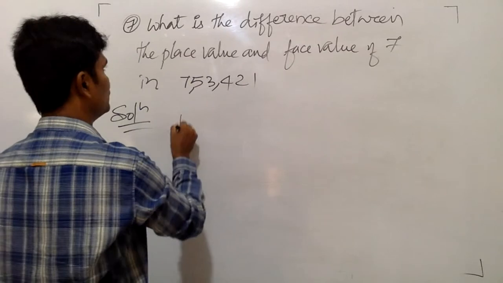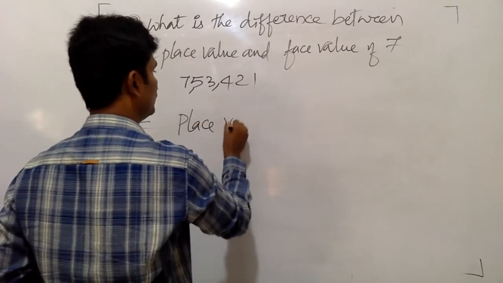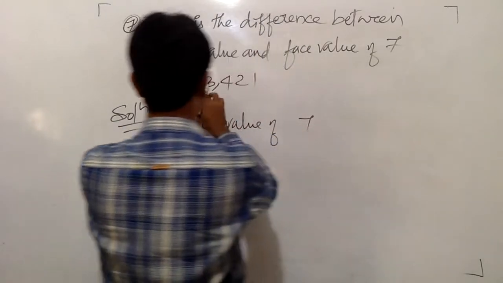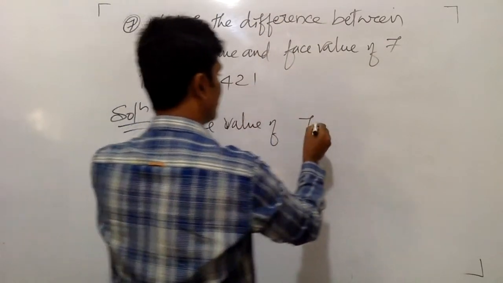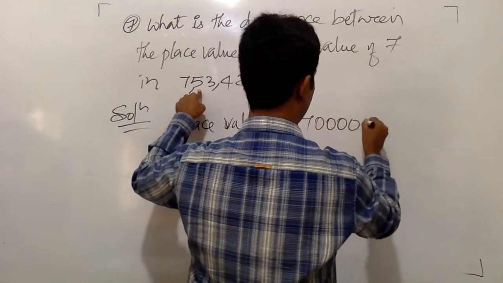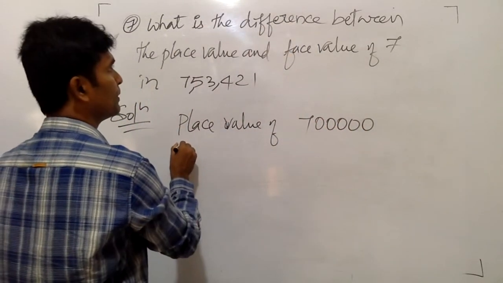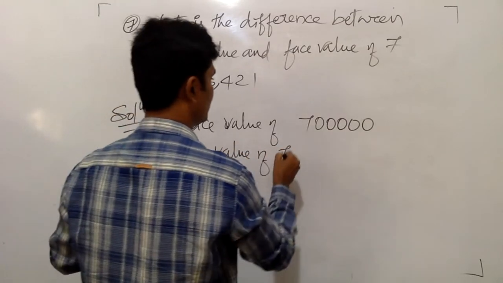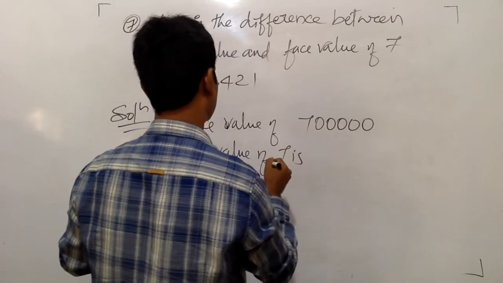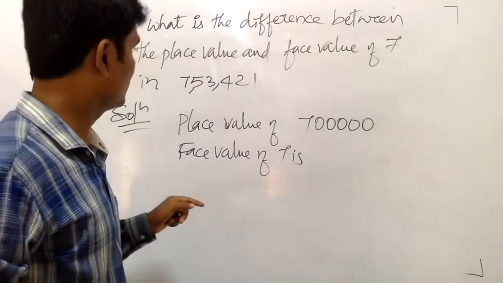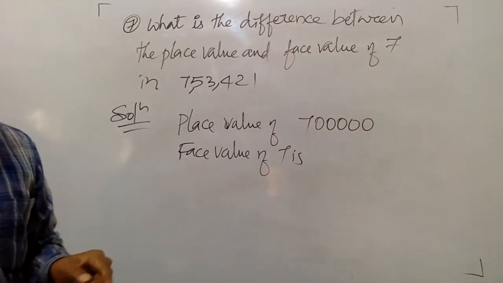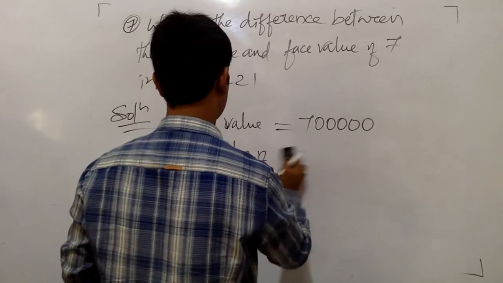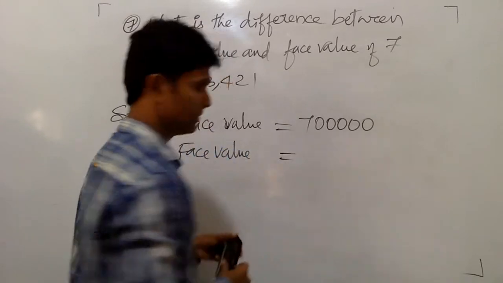Okay, now place value of 7, you all know. 7, 1, 2, 3, 4, 5 zeros. Then face value of 7. Face value of 7 is 7.